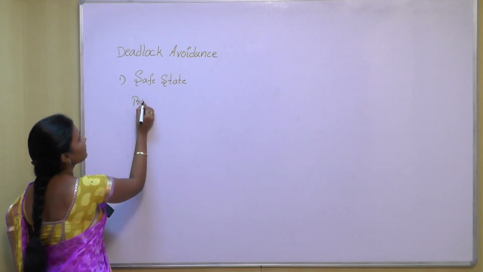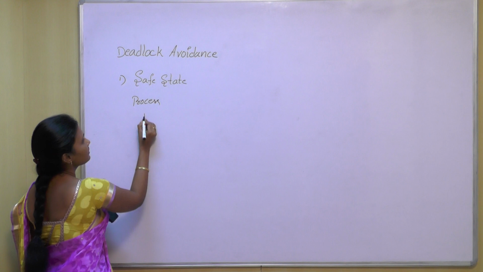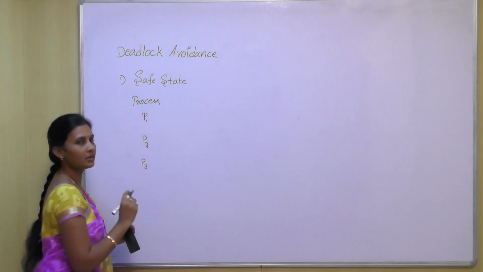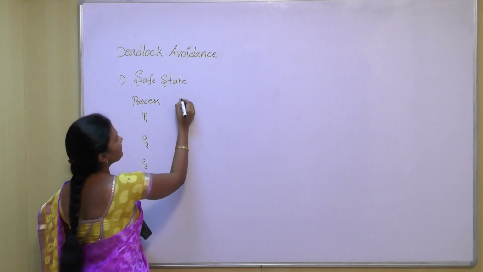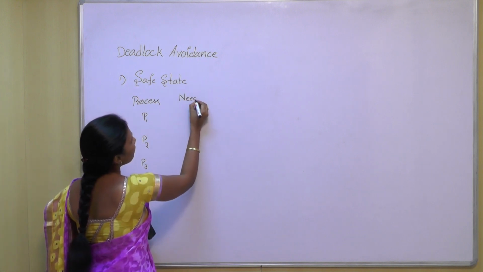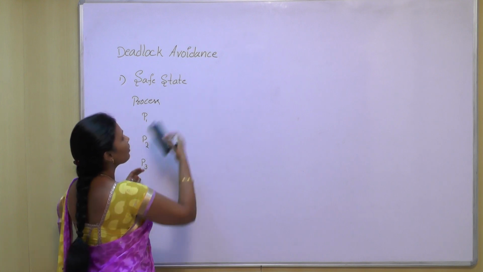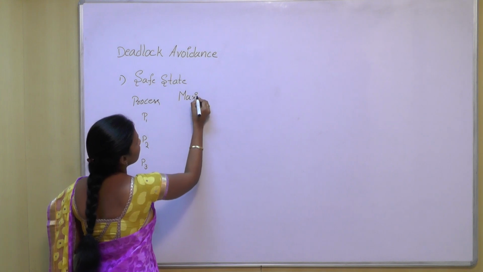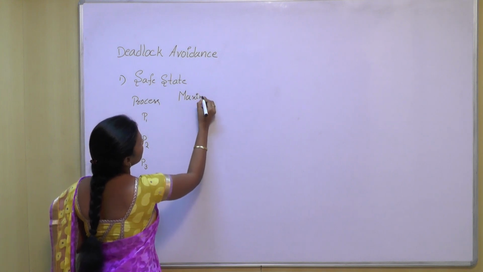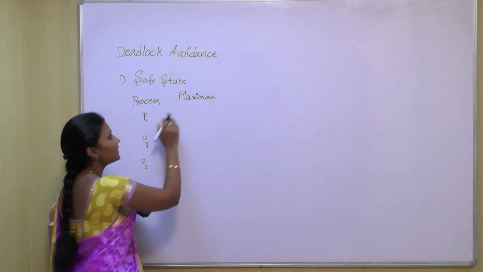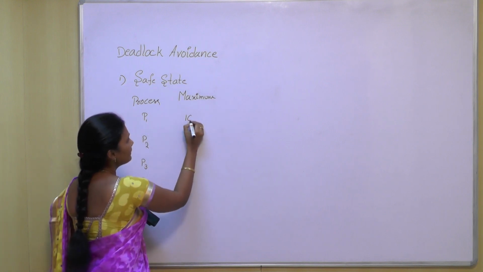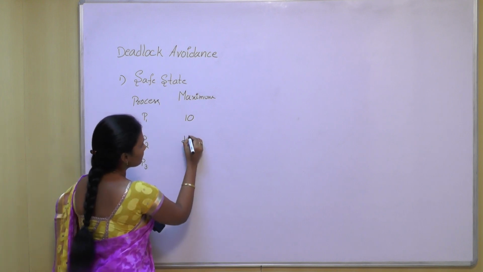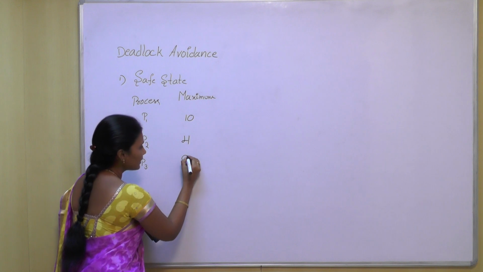How many processes are there? Three processes: P1, P2 and P3. The maximum demand of each process to finish execution is 10 for P1, 4 for P2 and 9 for P3.